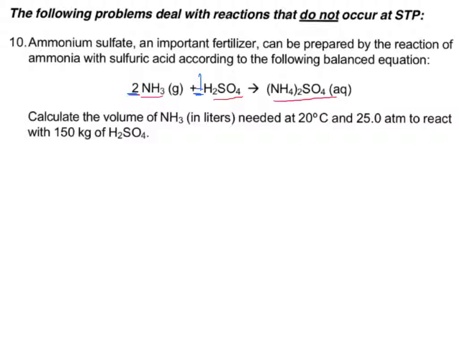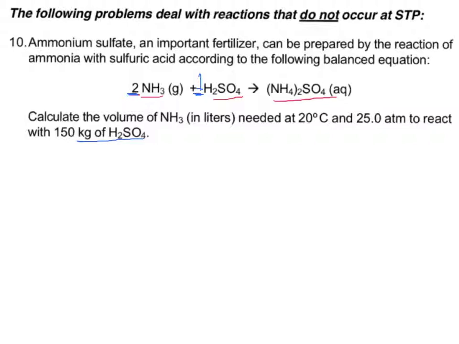The first step in solving this problem is we need to take our kilograms of H2SO4 and solve for how many grams there are of H2SO4. First we need to convert kilograms to grams, because when we use the periodic table to find masses, those masses are in grams.